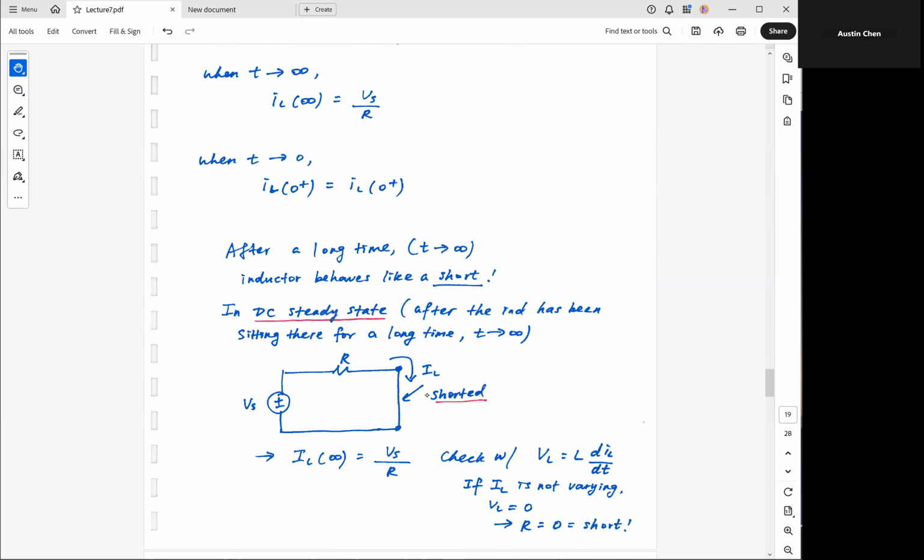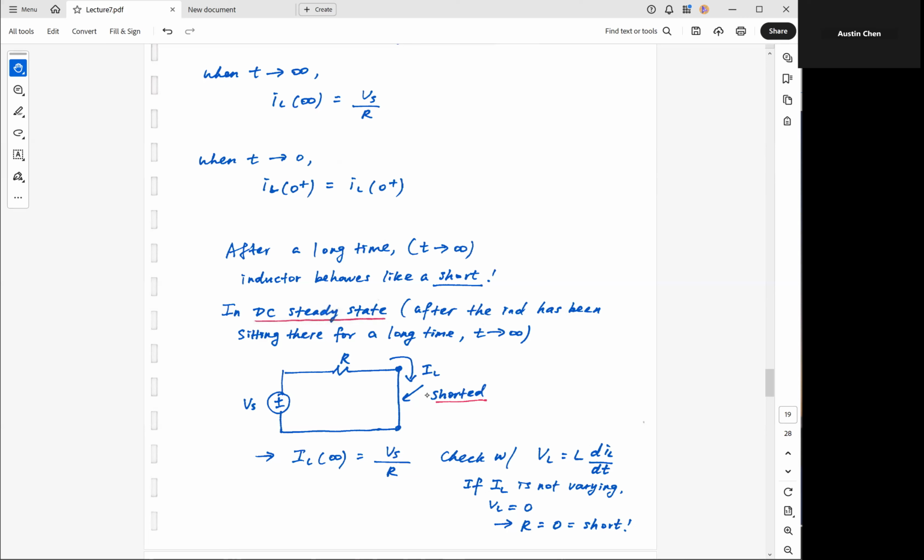By duality, if I have an RL circuit, when that circuit has been sitting there for a long time, then the inductor is going to behave like a short, not an open.